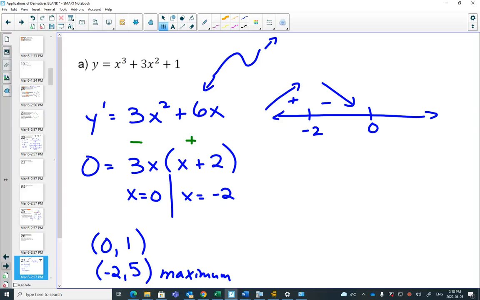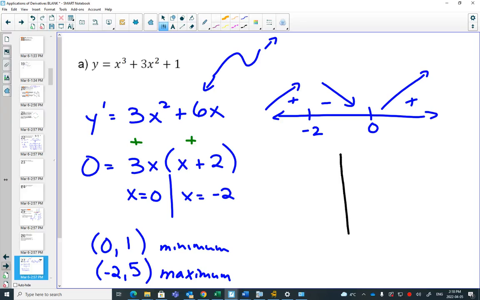And then, if I plug in something larger than 0, like 1, this section will be positive, this section will be positive, this whole part will be positive, meaning it's increasing again, making this 0 comma 1 a minimum.